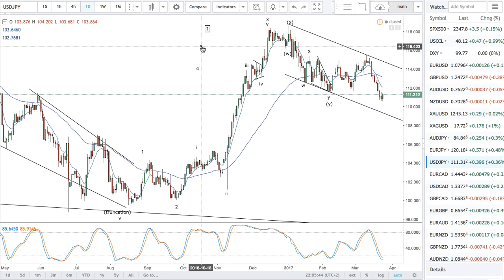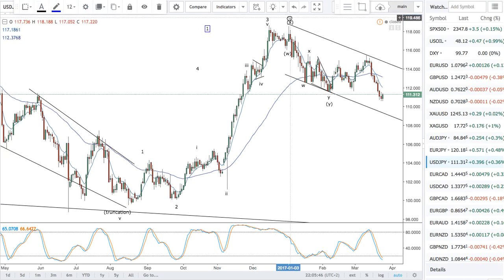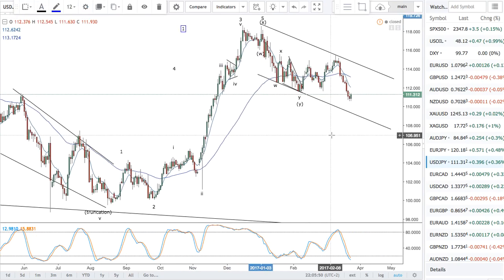So if we call this a truncation here for wave 5, then we have a 5-wave sequence. So you can force a leading diagonal for 1, 2, 3, 4, 5, or you maintain this count, have wave 4 here, and a leading and a possible truncation for 5. That is the bullish count.